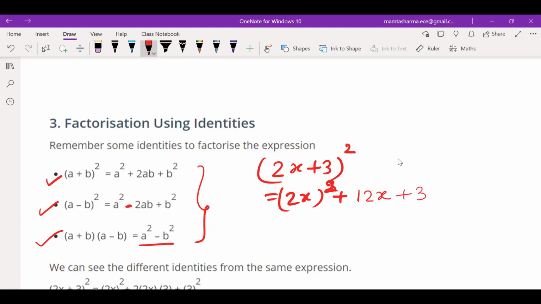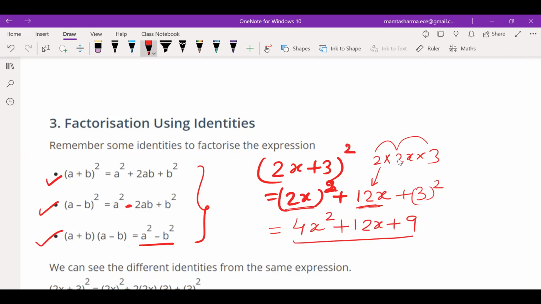This 12x is the multiplication of 2 into 2x into 3, that is 2ab. So 2 times 2 is 4, 4 times 3 is 12, 12x. After solving this, you will get 4x square plus 12x plus 9. So this will be the expansion of 2x plus 3 whole square.